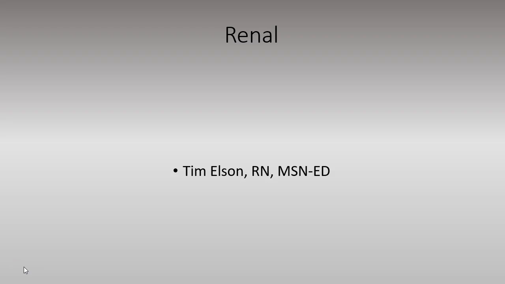So whether it be electrolytes, fluid overload, being dehydrated, or poisons or toxins in your body, your kidneys are the ones filtering all that stuff out and keeping the balance within your body itself. I find that if your kidneys aren't working correctly, then a lot more problems happen, whether it be your heart, your lungs, your brain, your liver, it really comes down to the kidneys functioning properly. So I'll point those out to you as we go along.